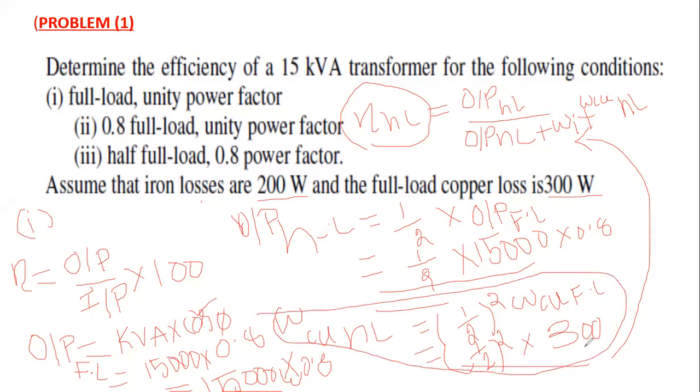Half square into 300. Therefore we obtain the efficiency at half load and 0.8 power factor. This is the finding of efficiencies at various loads and also various power factors. Understand?